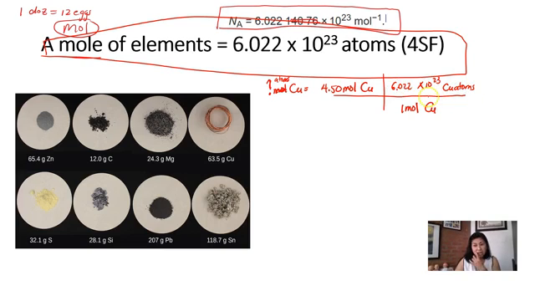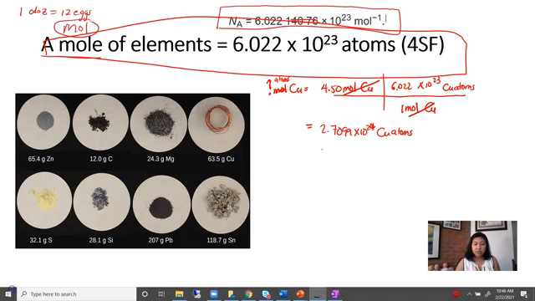Again, the reason why I put 1 mole down here is so that it will cancel off with the given unit. So you multiply the number of moles by 6.022, not divide it out. So I got 2.7099 times 10 to the power of 24 copper atoms.